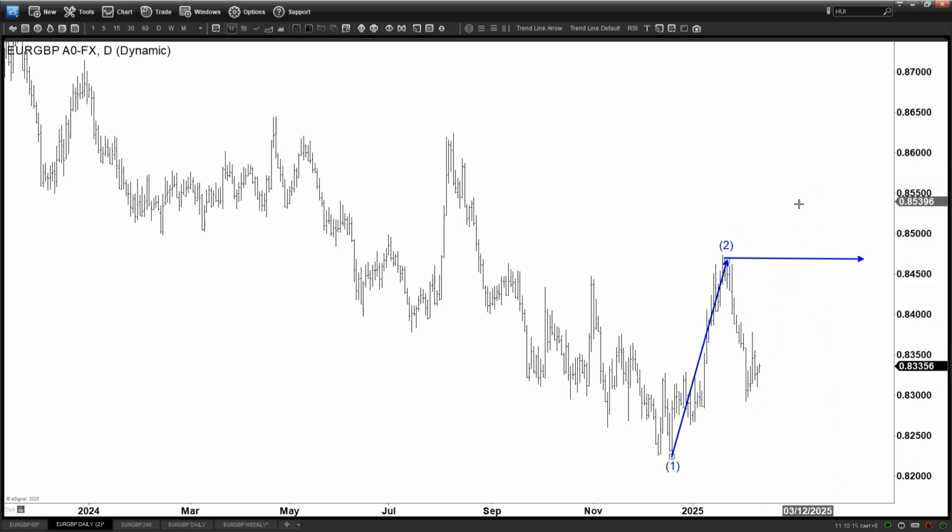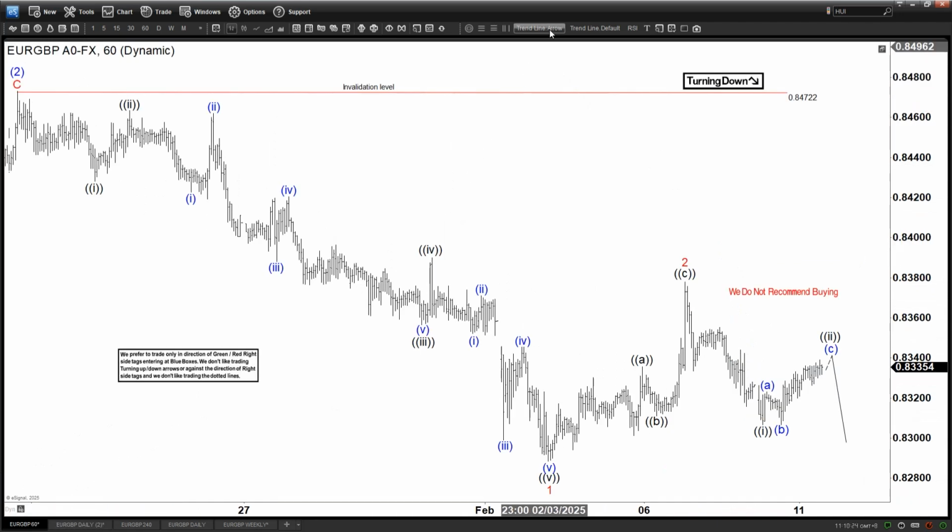But having said that, going back to the 1 hour, we're going to be focusing on the shorter cycle, primarily on the structure of this and this. If you take a look at the structure of the decline, that looks impulsive, and then this proposed count here looks quite reasonable.